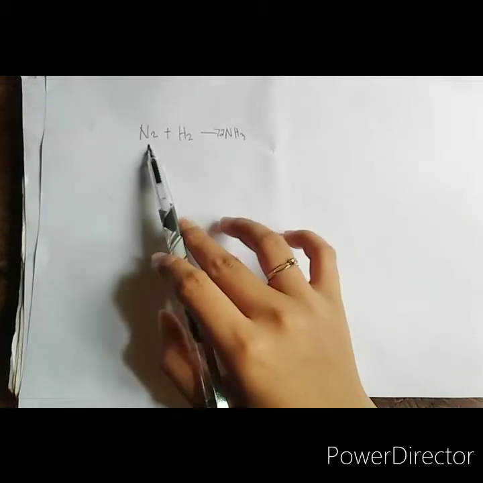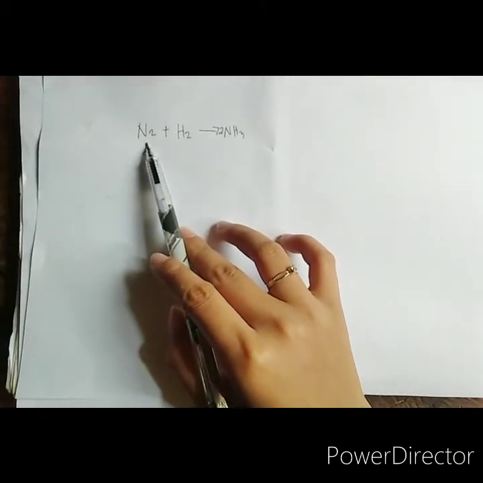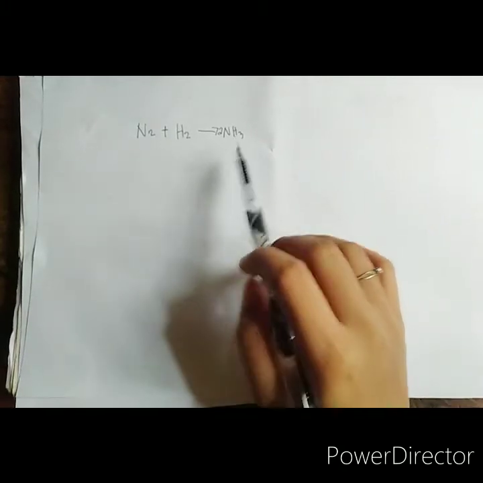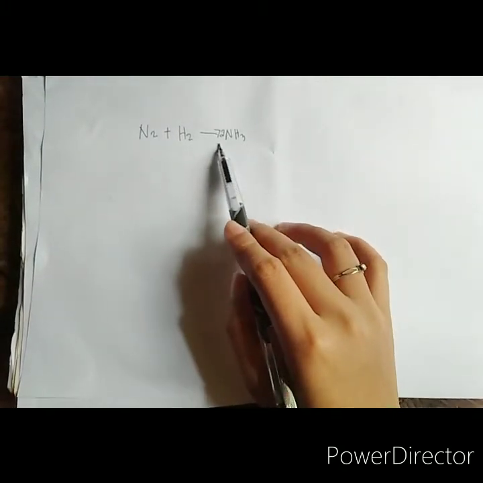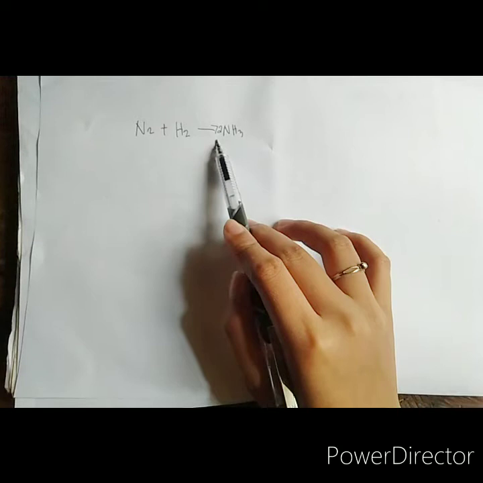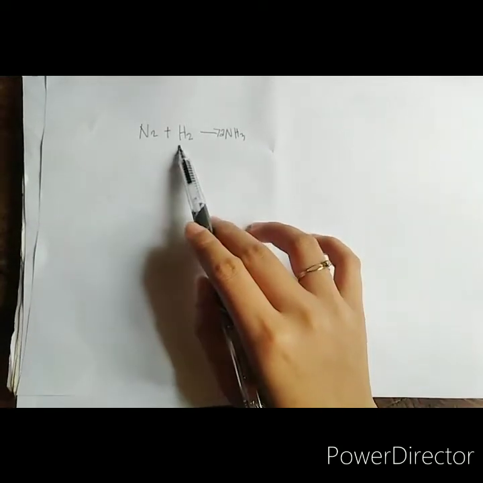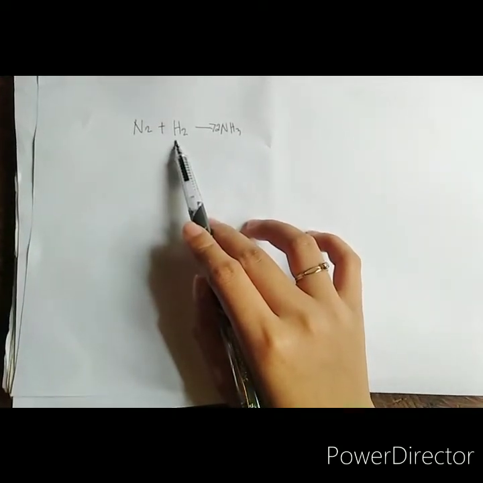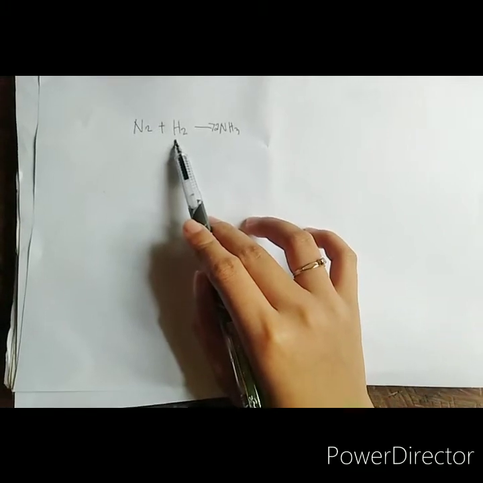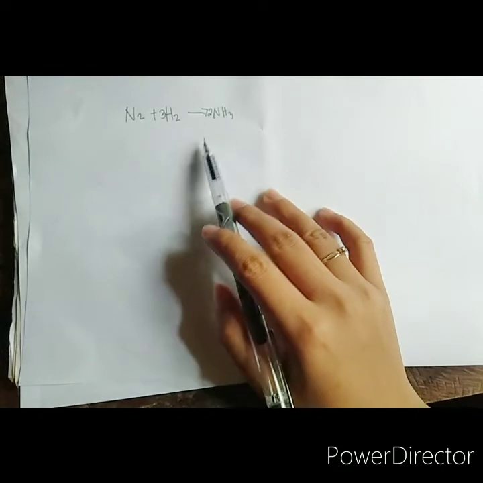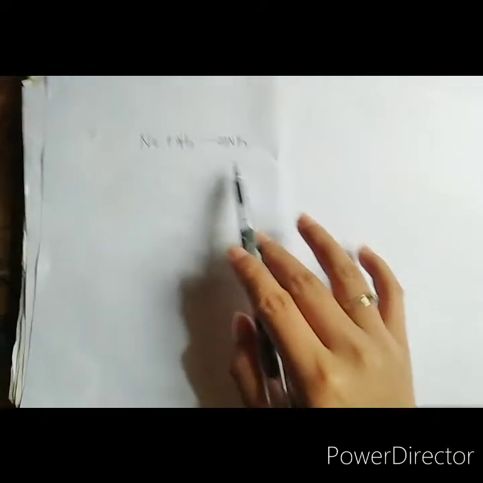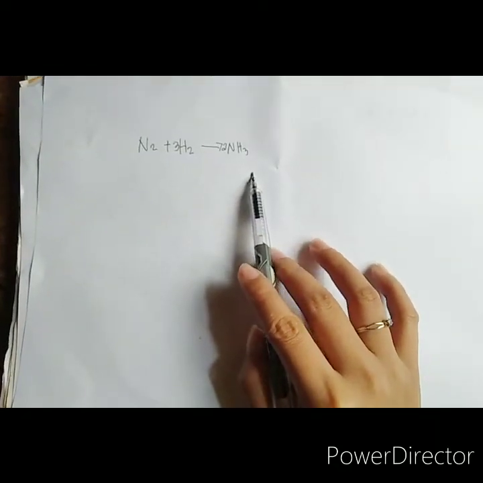So 2 and 2. This gives us 6 hydrogens already because 3 times 2 is equal to 6 on the right side, but only 2 here. So we're going to put a 3 in front of hydrogen. Now the reaction is called balance.